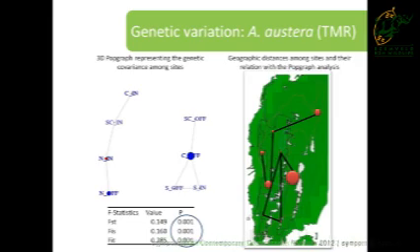Then I went to look at the genetic variation, and here, using a pop graph analysis, what I did is find how the genetic information varies between sites. If there was panmixia at the finest scale of genetic connectivity, which is the reef, I would expect all the dots to be connected.